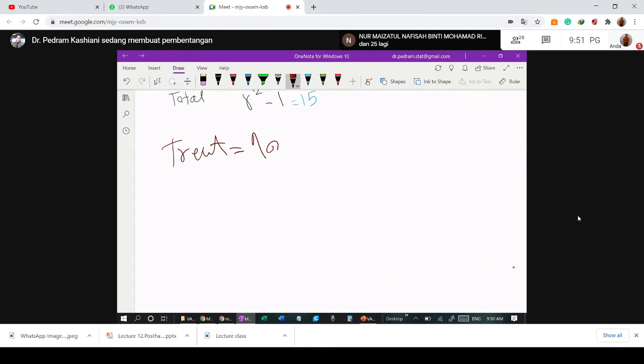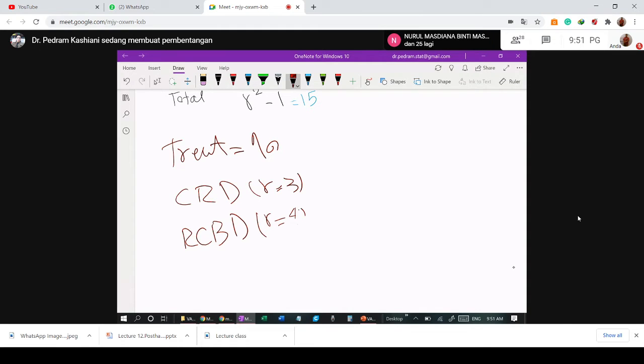In CRD and RCBD, you are able to select any replication you want. So I select here R equal to 3. Here I select, for example, R equal to 4. Just different numbers to see. So here I have 30 units.